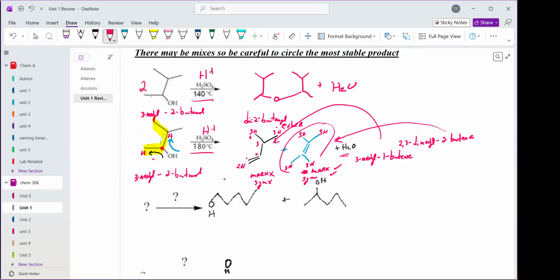Can I show you? Because when I did it, I thought this part was the OH group and then we take it off and then we add the double bond. That's true, except removing this whole part right here. Yeah, but you pull the water off of here, see, you pull the water off of here as well. Okay, I pulled it off right here on this carbon.